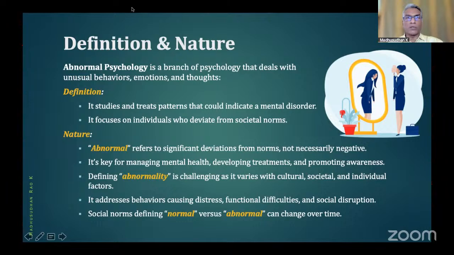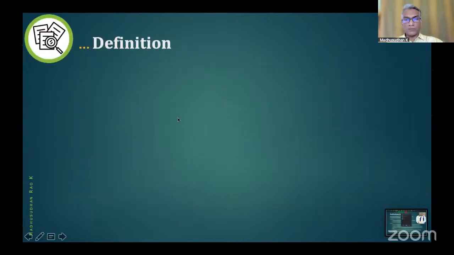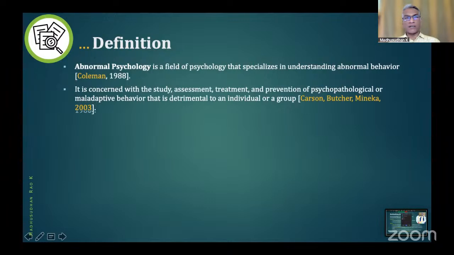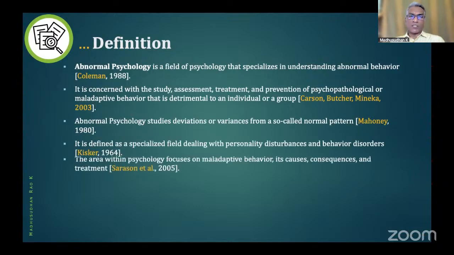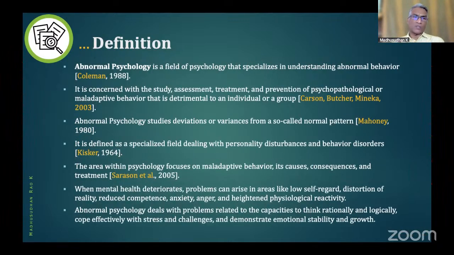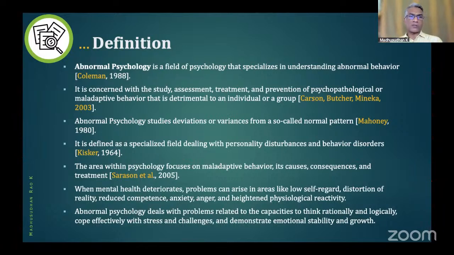So now, talking about abnormality and abnormal psychology, let us try to define abnormal psychology from the perspective of psychologists, psychiatrists, theorists, and philanthropists also in this field. That is the reason I said philanthropists too. Abnormal psychology is a field of psychology that specializes in understanding abnormal behavior.